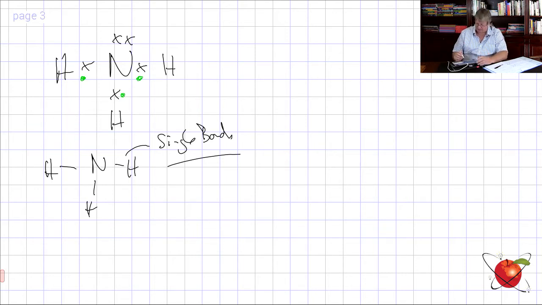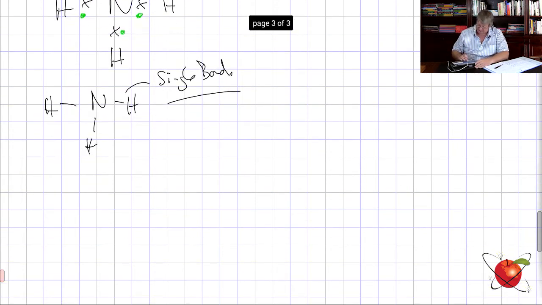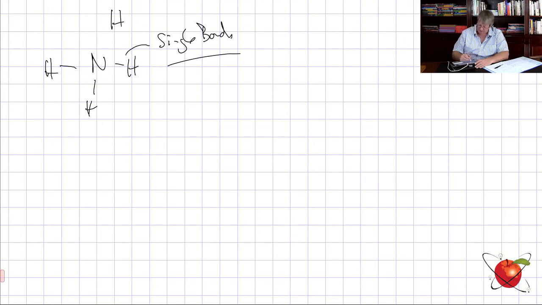Please note, okay, let me explain something. NH3, remember, we had that. All right, I'm just going to put my green dots in here, like so. Okay, we had H coming in like this, correct?